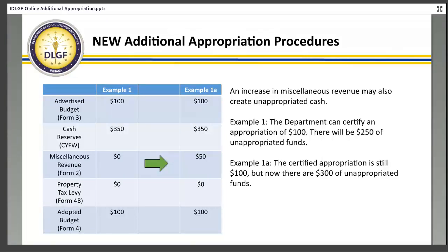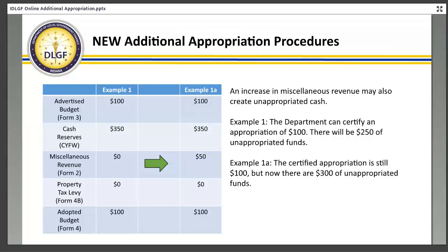So what happens if there was a mistake during that certification? What happens if the additional appropriation that a unit is seeking isn't exclusively based on unappropriated cash, but a new revenue source that was previously unpledged to a fund? And so on the screen we're looking at example 1A, where the miscellaneous revenue has increased from $0 to $50.